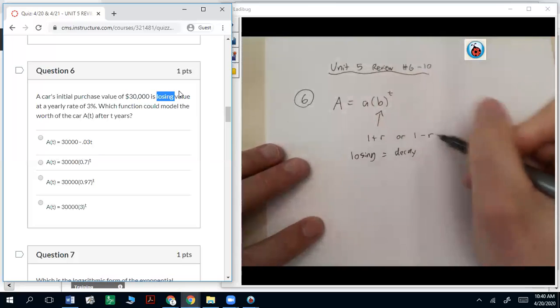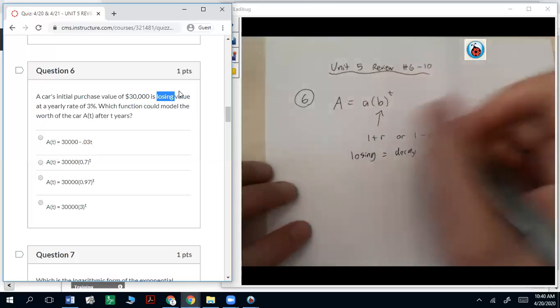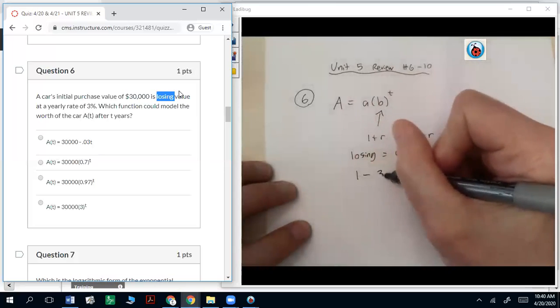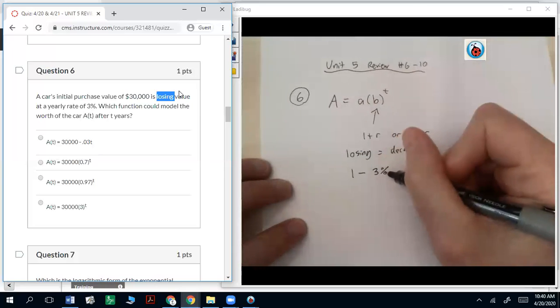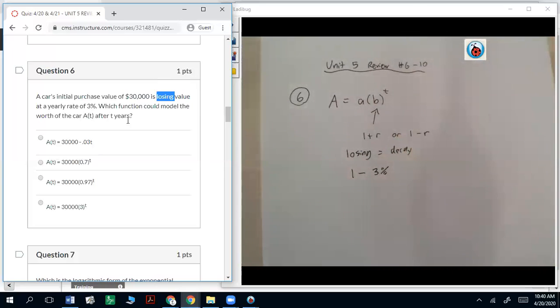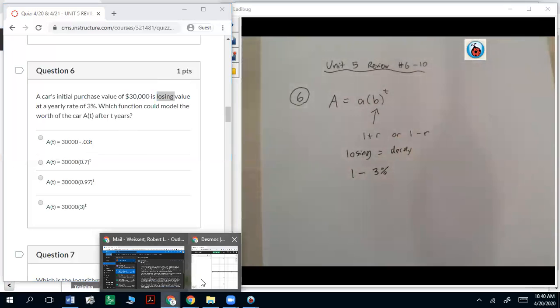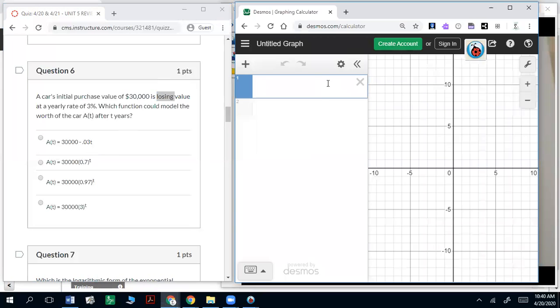So we want to subtract that 3% from 1. Now 3% as a decimal is 0.03. You can divide that by 100 or just move the decimal over, but 3 divided by 100 is 0.03. So there's a 0 between the point and the 3.